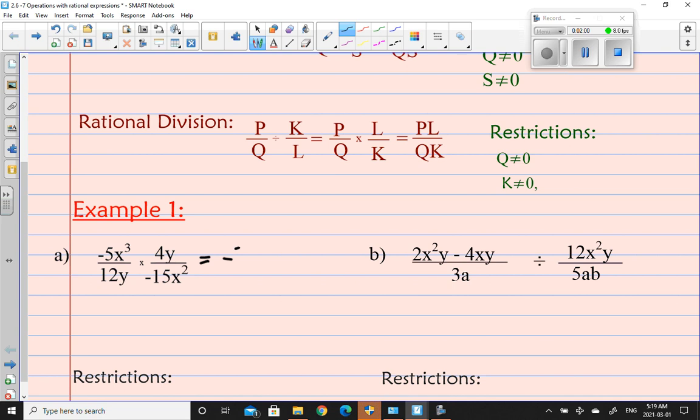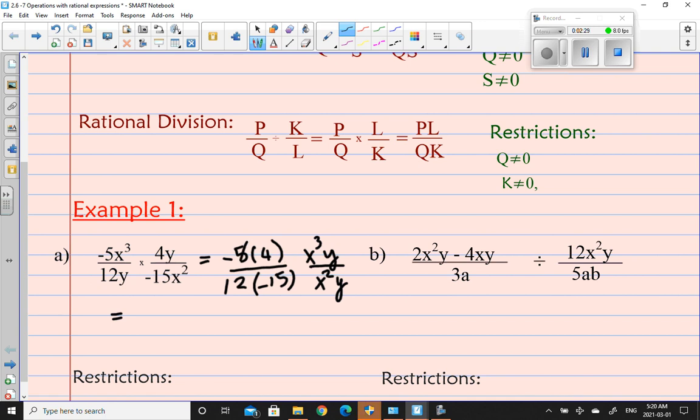So you have negative 5 times 4 divided by 12 times negative 15. So you just see those numbers together, and then you have the variable parts. It's x cubed y divided by x squared y. And you can try to simplify the numerical part to lowest terms.